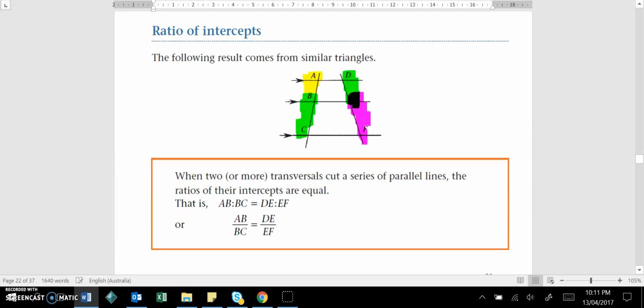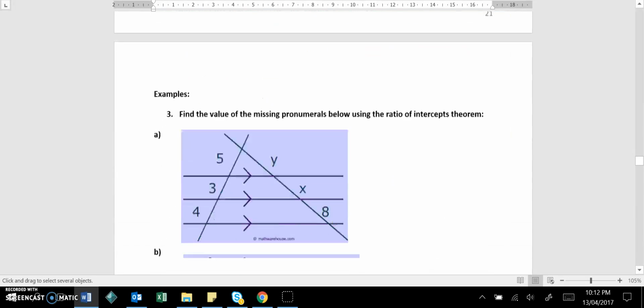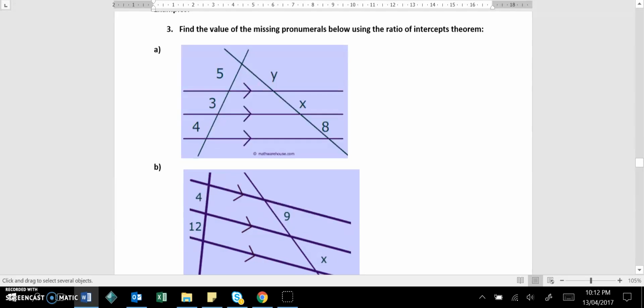Okay, and when you write that out, you get this here. So that's when two or more transversals cut the parallel lines. Transversals are just the lines that cut the parallel lines. So let's have a look at some examples, easy ones. And they don't get much harder than this, to be honest.